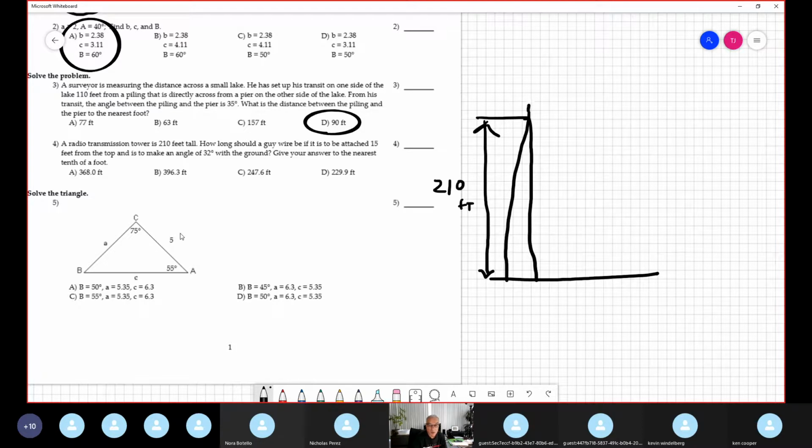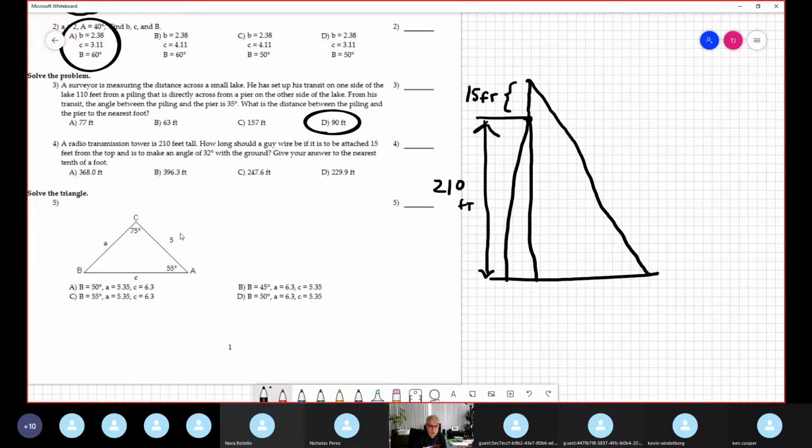Okay, I understand now. We have one extra 15 feet for the top and connecting wire, no? And this wire travels like that. And one more piece of information is given: it makes an angle of 32 degrees.